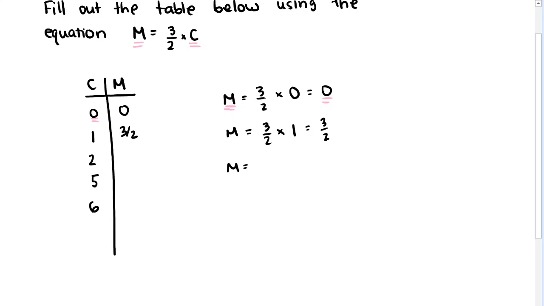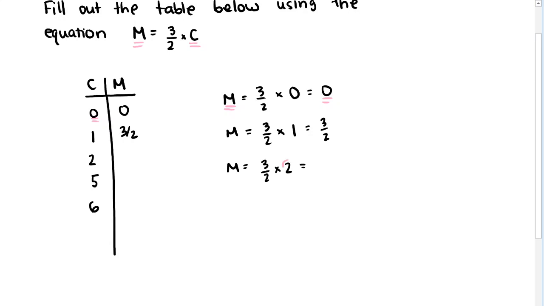Here, if we let C be equal to 2, we would just multiply 3 halves by 2. And now this is a little bit less clear, right? How do we multiply fractions again? Well, when we multiply fractions together, we multiply numerator to numerator, denominator to denominator. But this really only makes sense when we're multiplying one fraction with another.